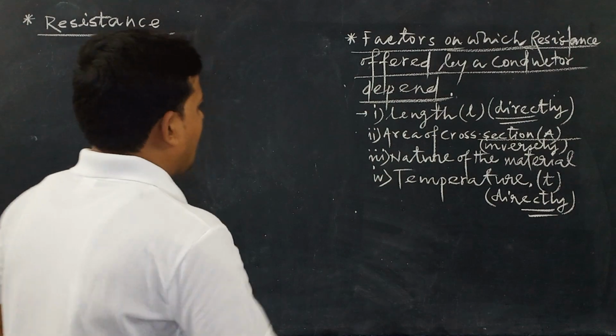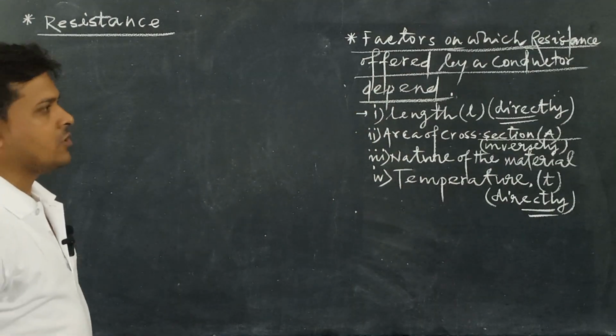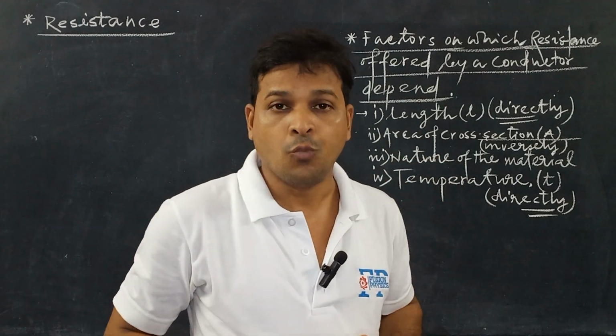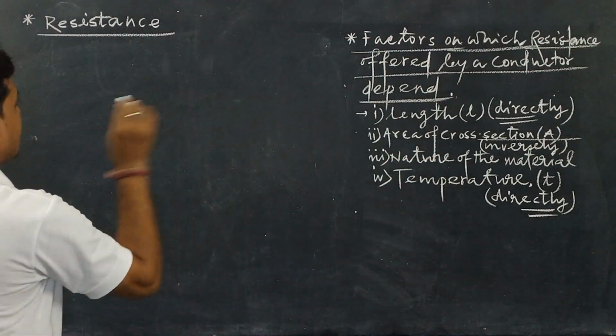Let's see how the resistance offered by a conductor varies with the length mathematically, that is frequently asked in the board exam. They are directly proportional.